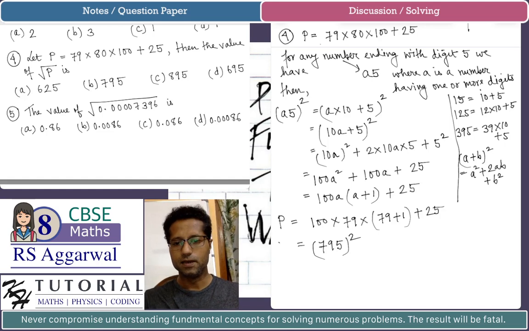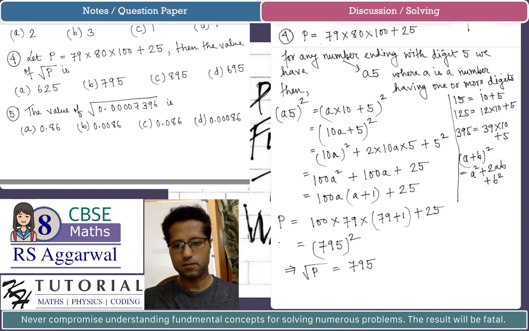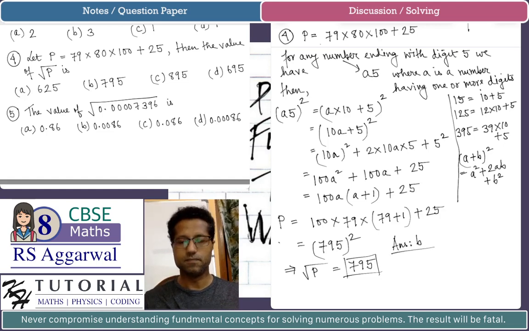So definitely 100 into 79 plus 1 plus 25 will be the square of 795. So p is definitely 795 square. This implies the square root of p is definitely 795. So the answer is choice B.